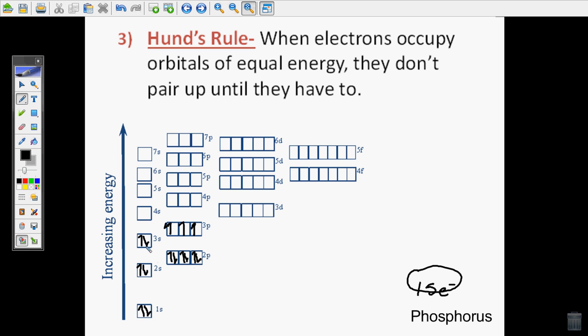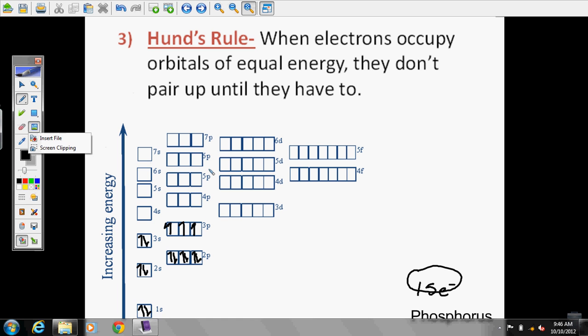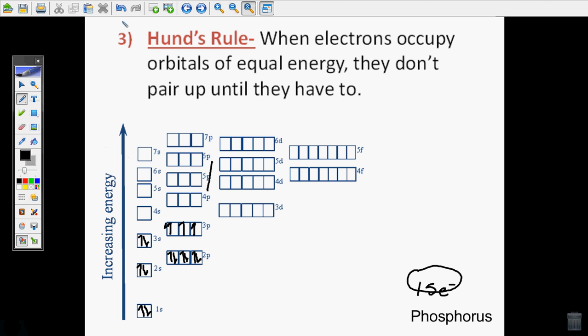And then I can move on to 3s and 3p. And notice they don't pair up until they have to.